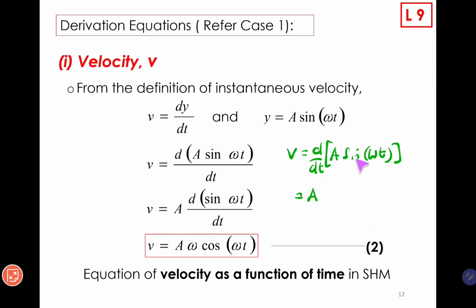Taking a sine omega t with respect to t, you will get cos omega t, and then omega t with respect to t, you will get omega. Omega and a, which is just a constant, combined together, you will get a omega cos omega t. So this is the equation of velocity of any simple harmonic motion.